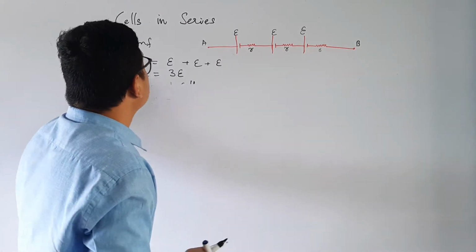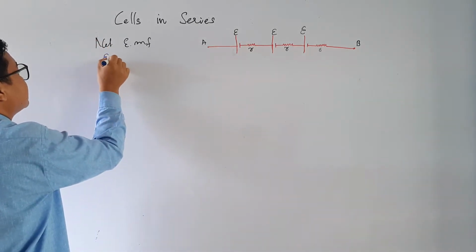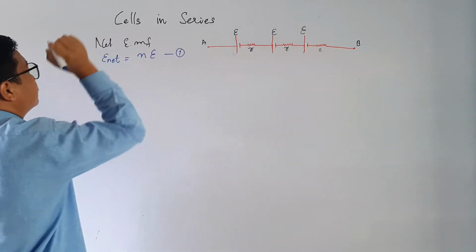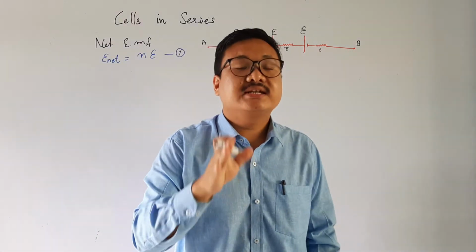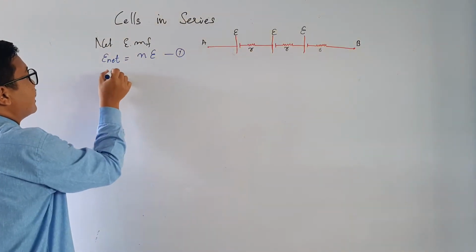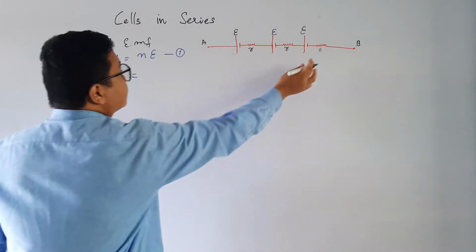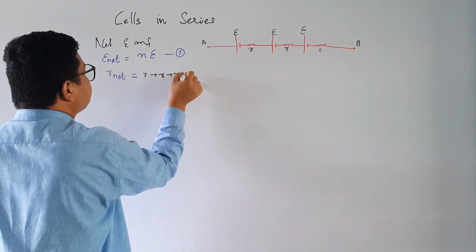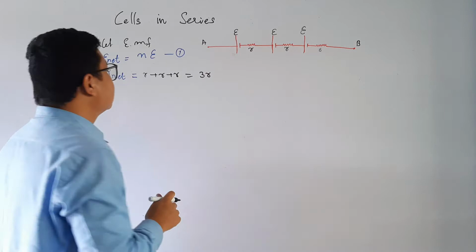Please remember that the EMF are all same. So E net, what we got, is equal to n E. So equation number 1. So let us find the net internal resistance of this system. So the net internal resistance, small letter r net, will be equal to r plus r plus r, which is 3r, because all the internal resistance are also same.